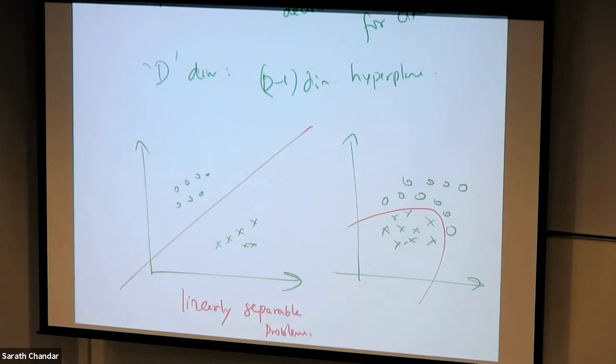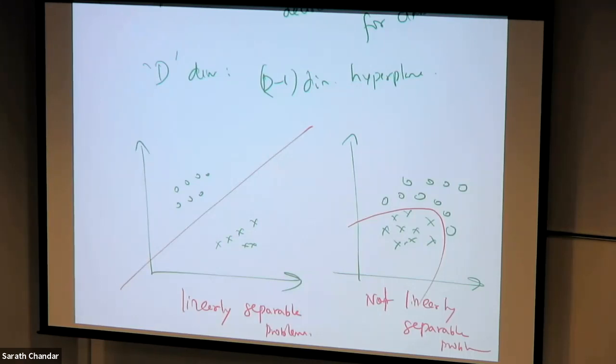So any problem where you can fit a non-linear curve that solves the problem, let's just call it not linearly separable. As you can imagine, if you use a linear model on a not linearly separable problem, you're going to have very high error. That is why we are looking for more and more non-linear models. Is that clear?